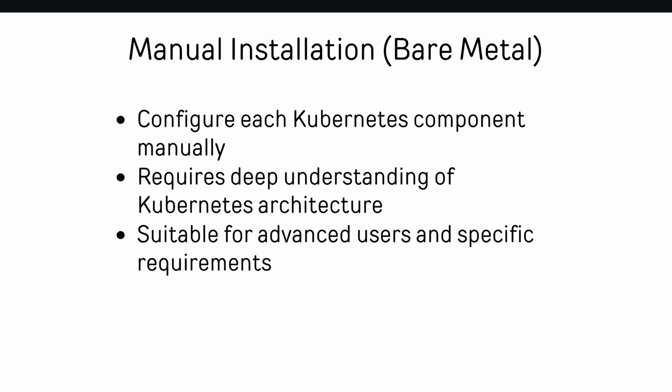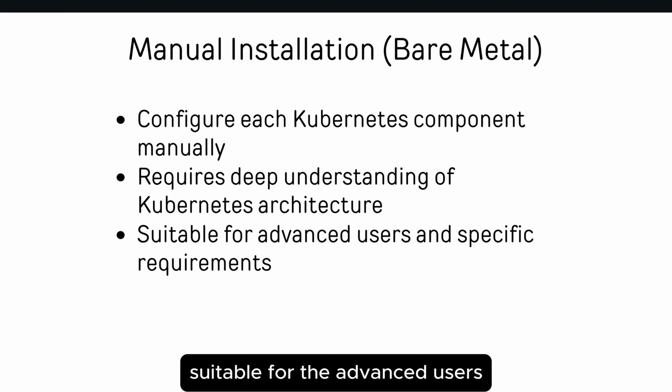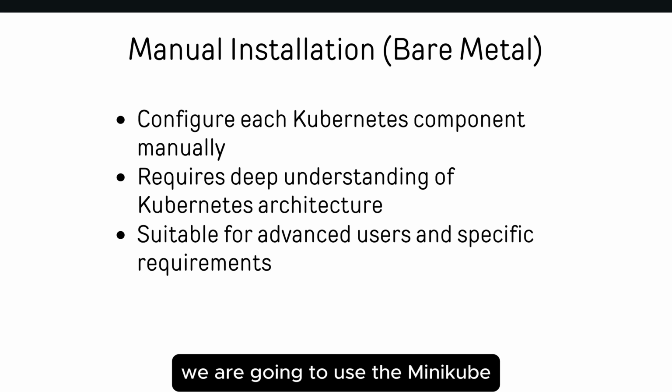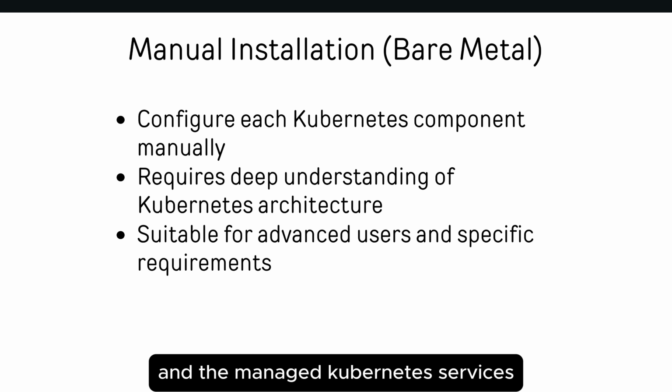Every component we need to take care of, and it requires a deep understanding of the Kubernetes architecture. So only experienced people can do this one. It is suitable for advanced users and specific requirements. That's why I'm not talking more about this manual installation. We are going to use Minikube and managed Kubernetes services provided by the cloud providers.